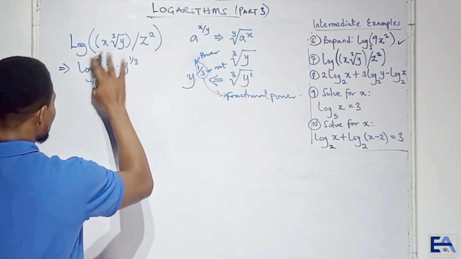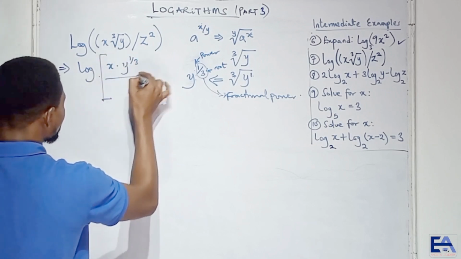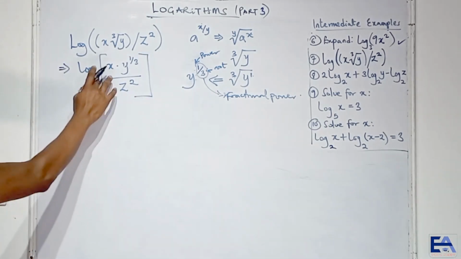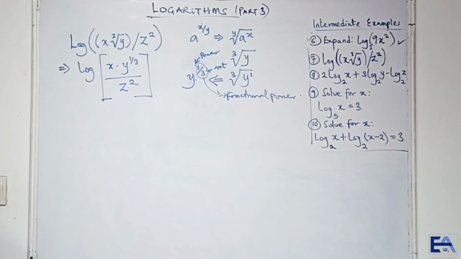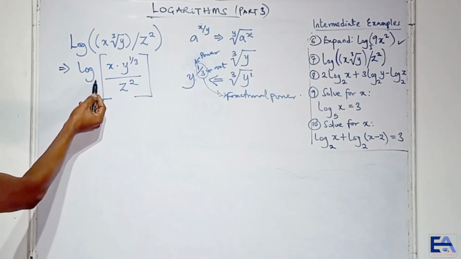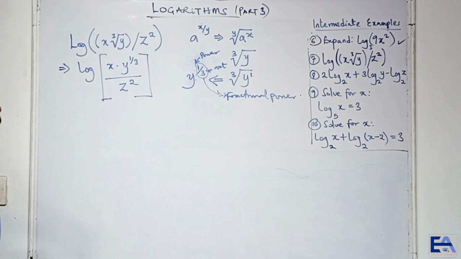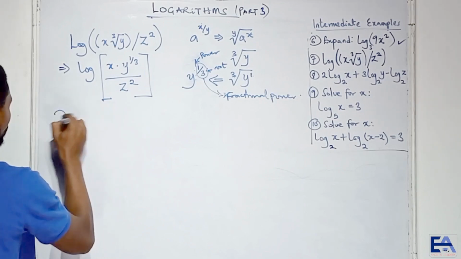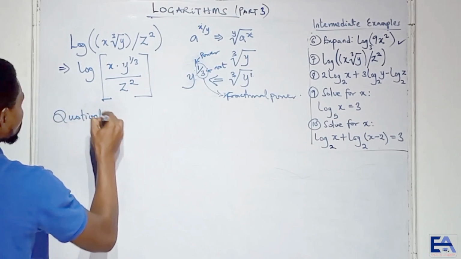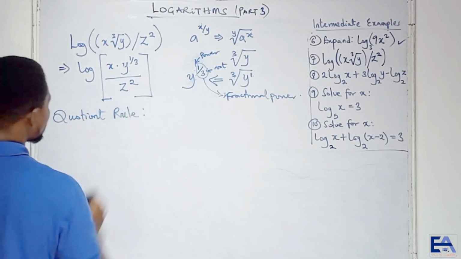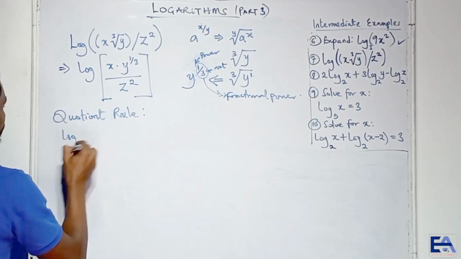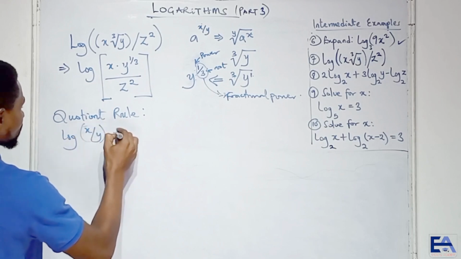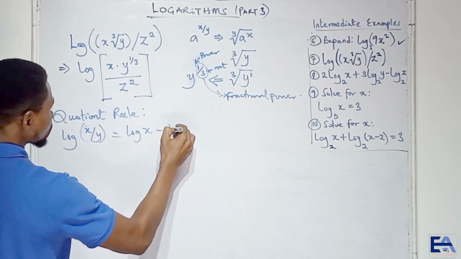Then everything now divided by z squared, but all to the logarithm to base 10. The invisible number here means base 10, right? Good. So at the end of the day, we can now apply the law of logarithm, that is the quotient rule, which says that log x over y is equal to log x minus log y.